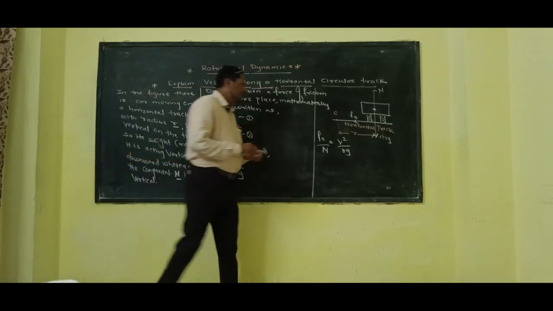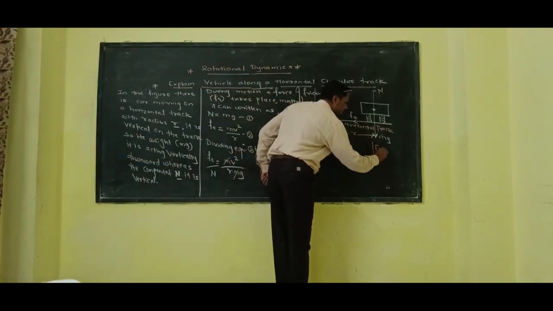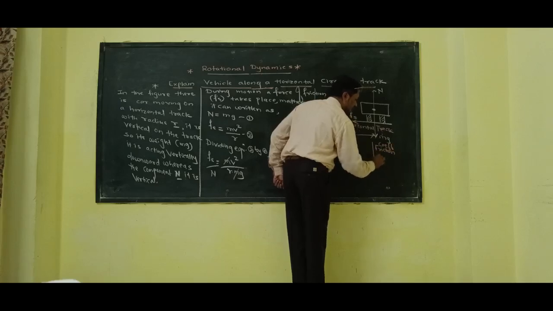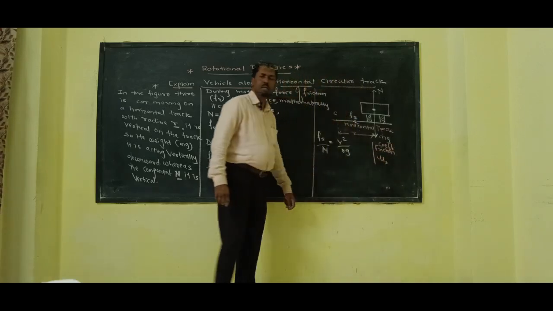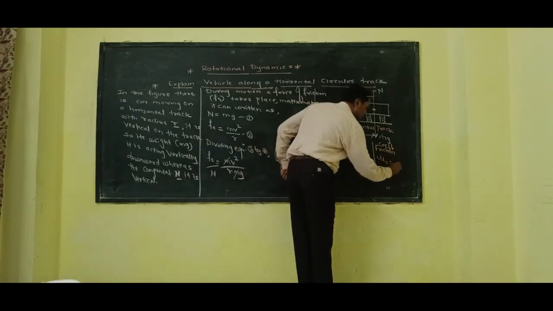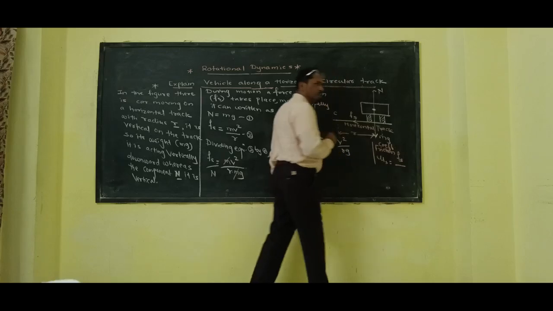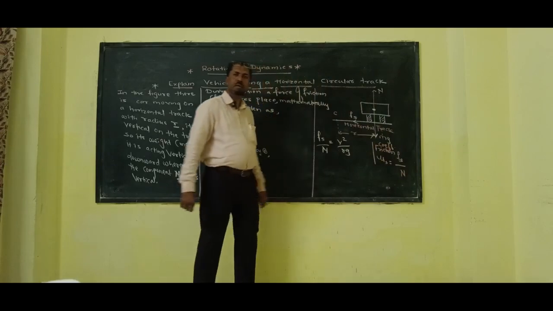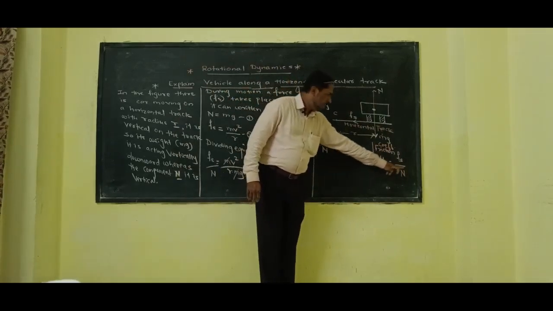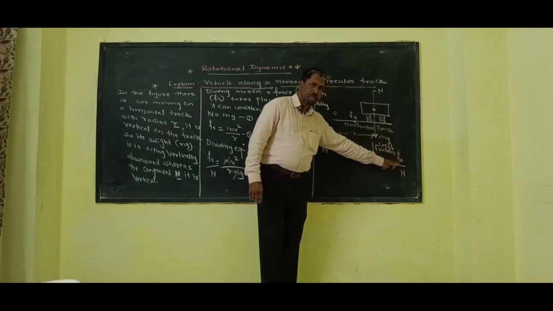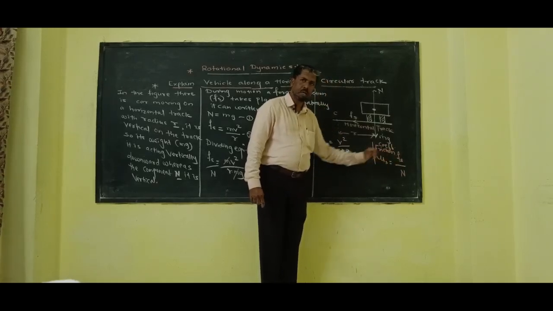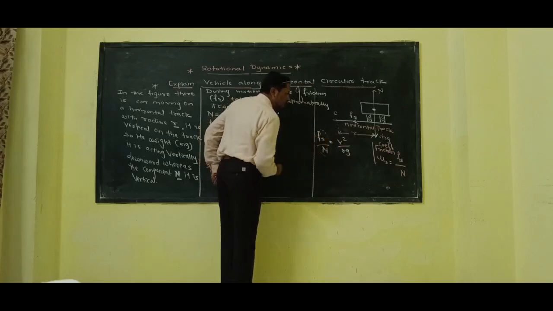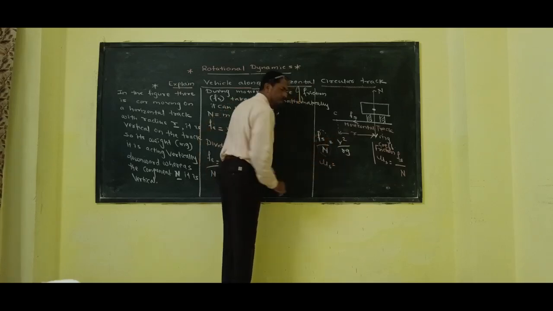But we are well familiar with the coefficient of friction, denoted by the factor mu s. What do we understand by coefficient of friction? It is the ratio of the limiting force of static friction and normal reaction, that is Fs upon N, denoted by mu s, the coefficient of static friction.